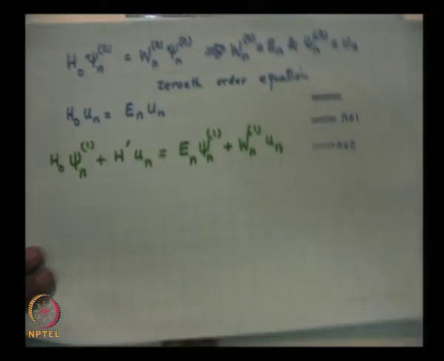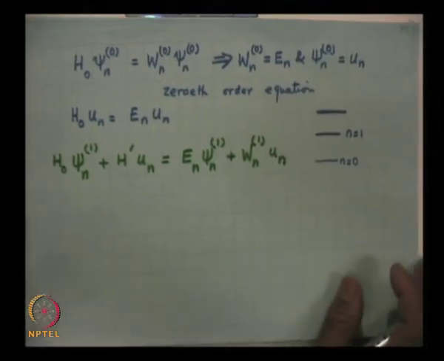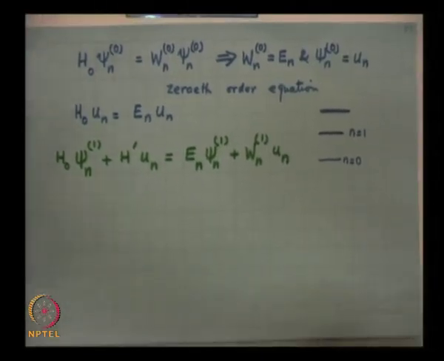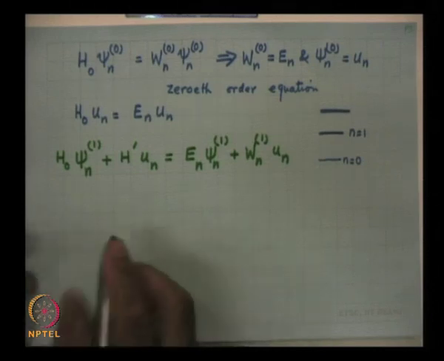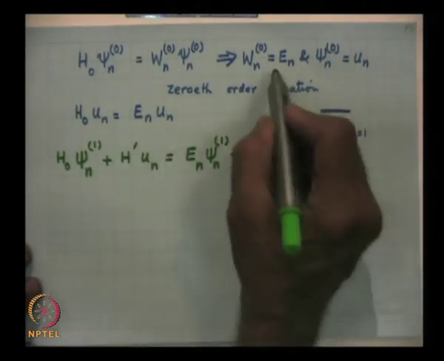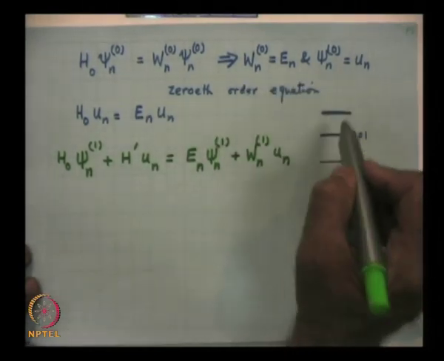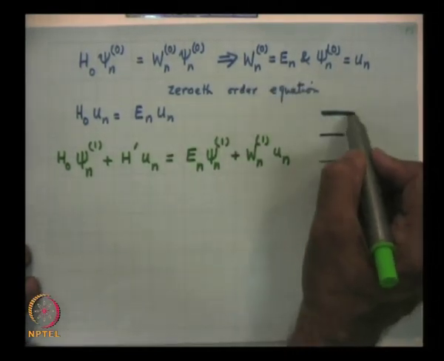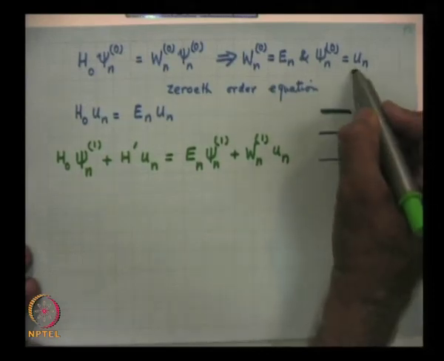Similarly, I can write down my second order equation also, but we will restrict ourselves to only first order perturbation theory, because in most analysis one uses first order perturbation theory. Then, we have already assumed that we are considering the perturbation to the nth state whose eigenfunction is known.